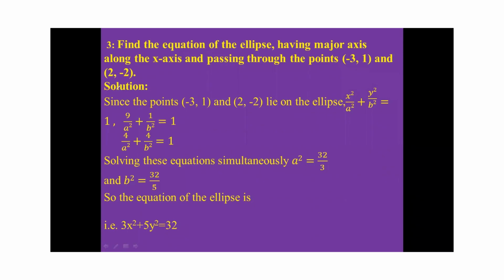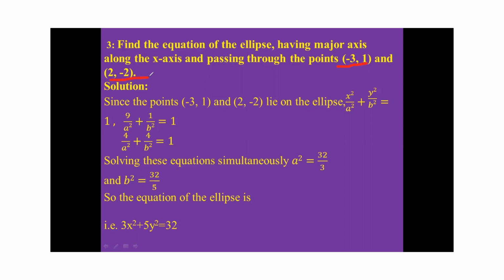Question number 3. Find the equation of the ellipse having the major axis along the x-axis and passing through the points (-3, 1) and (2, -2). Solution. This ellipse passes through the point (-3, 1).